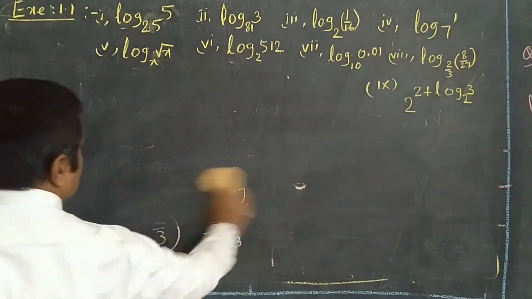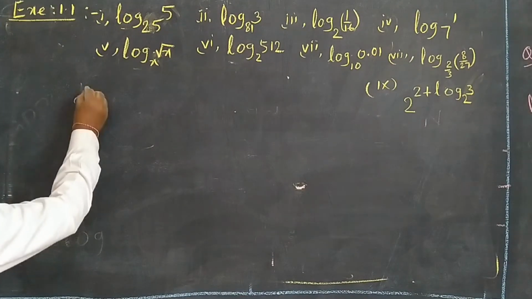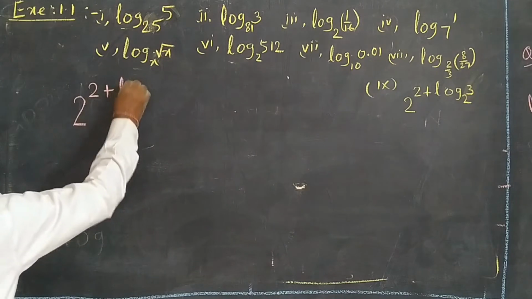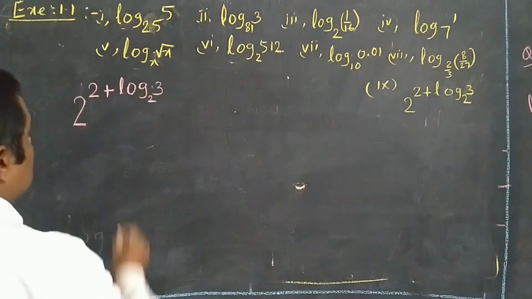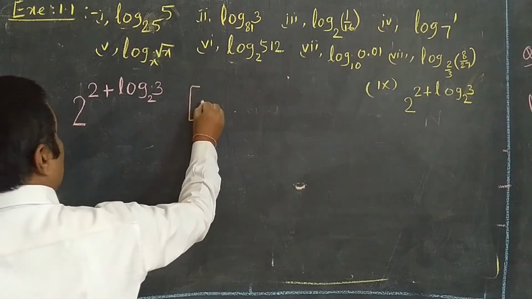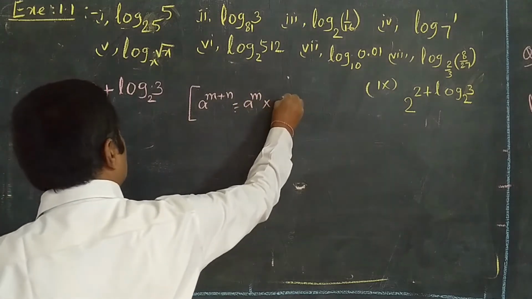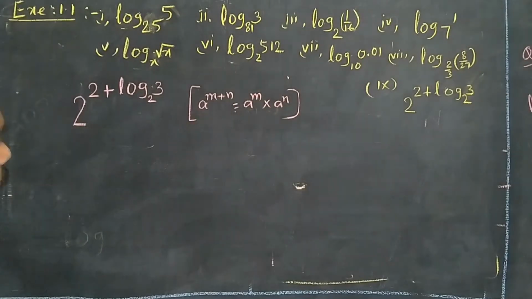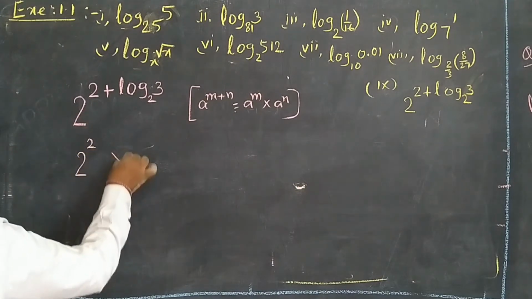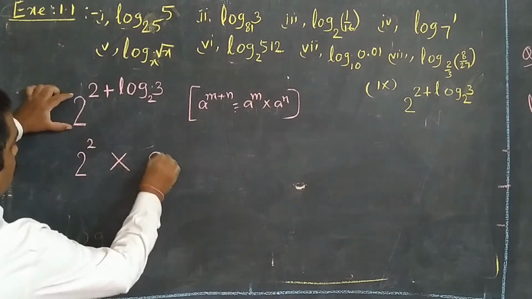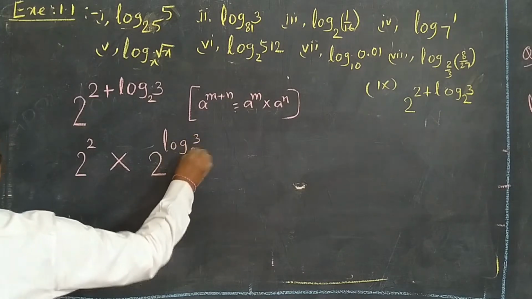And go to the next question, the 9th question, that is 2 power 2 plus log 3 base 2. It looks like the algebraic formula a power m plus n. You have to write a power m into a power n. Write in this form. So how to change this: 2 power 2 into 2 power log 3 base 2.